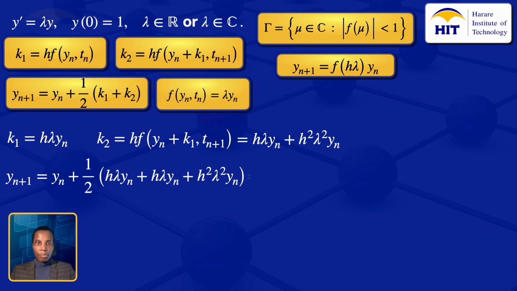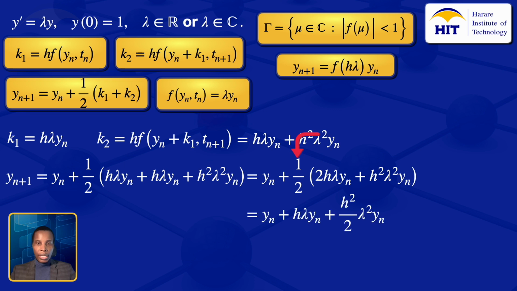Our expression becomes y_n plus a half multiplied by 2 h lambda y_n plus h squared lambda squared y_n. Then multiplying throughout by this half, we have y_n plus h lambda y_n plus h squared over 2 multiplied by lambda squared y_n.